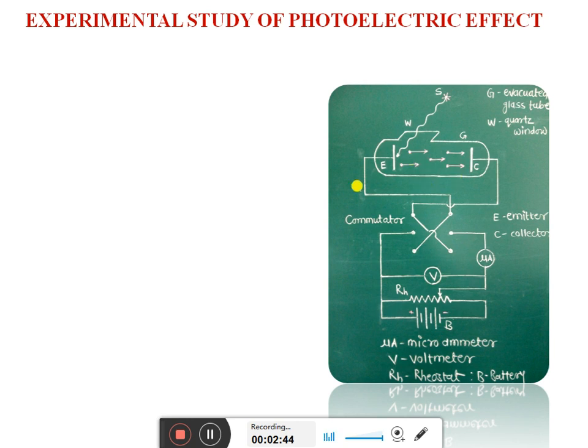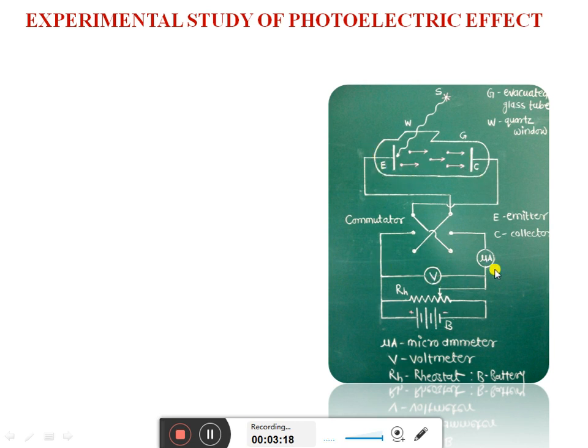These 2 electrodes are connected with this battery using this arrangement called a commutator and this rheostat, which is called a potential divider arrangement. And there are 2 meter devices, a microammeter and a voltmeter, which are used for measurement of current flowing through the circuit, and this voltmeter is used for measurement of the PD or accelerating PD between the collector and emitter.